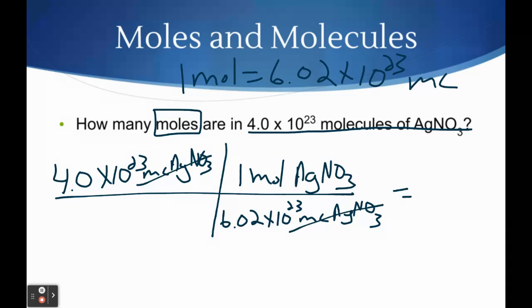It is very important that when you are dividing by scientific notation, that in your calculator you put the whole thing in parentheses. If you do not put the scientific notation you are dividing by in parentheses, the calculator is going to calculate it wrong and you will get the wrong answer. Okay? So if you put this in your calculator correctly, you should get 0.66 moles of AgNO3.